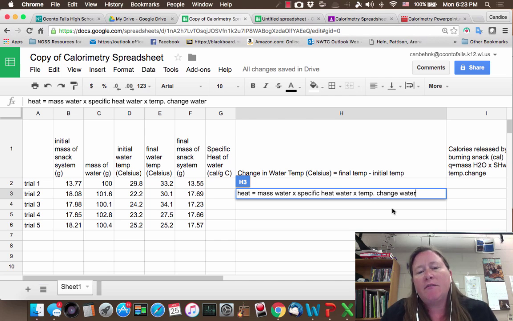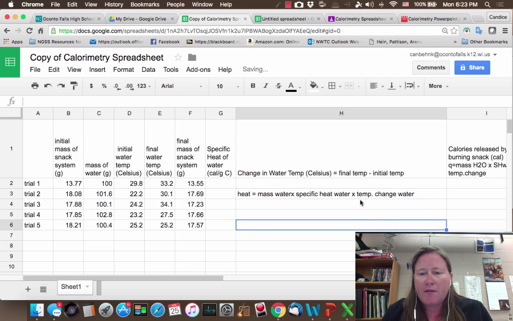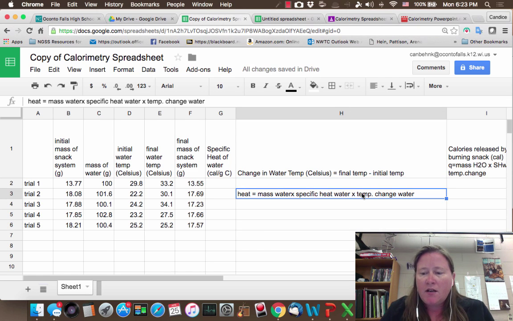Since we are ultimately going to be using this formula, and I don't need it in this place anymore, I'm just going to delete it.